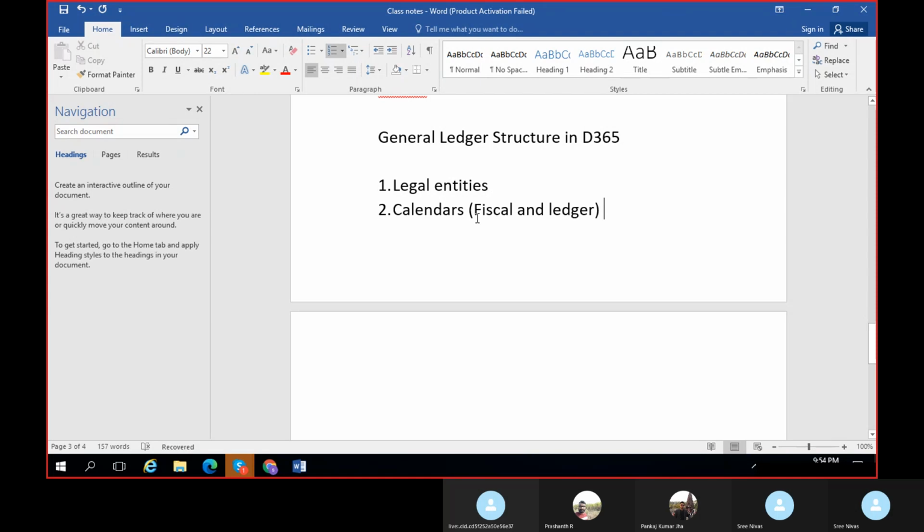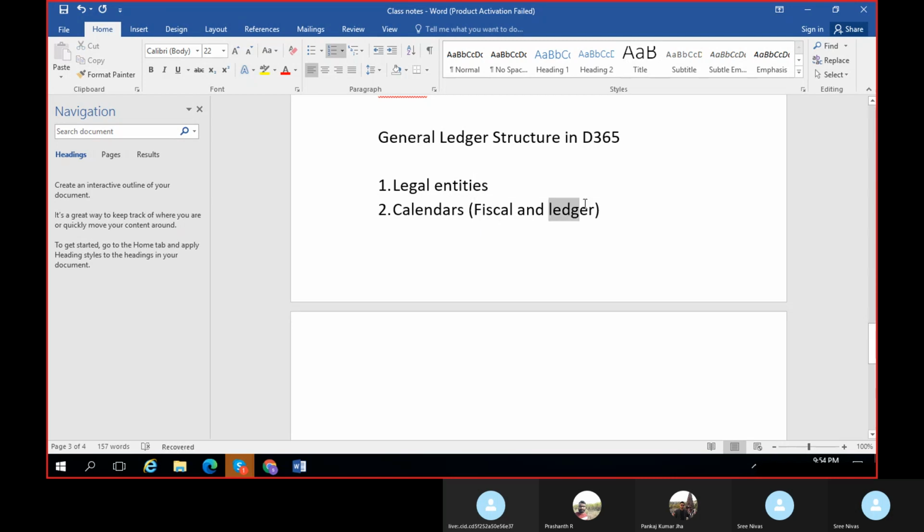I have already discussed the difference between the fiscal calendar and the ledger calendar.